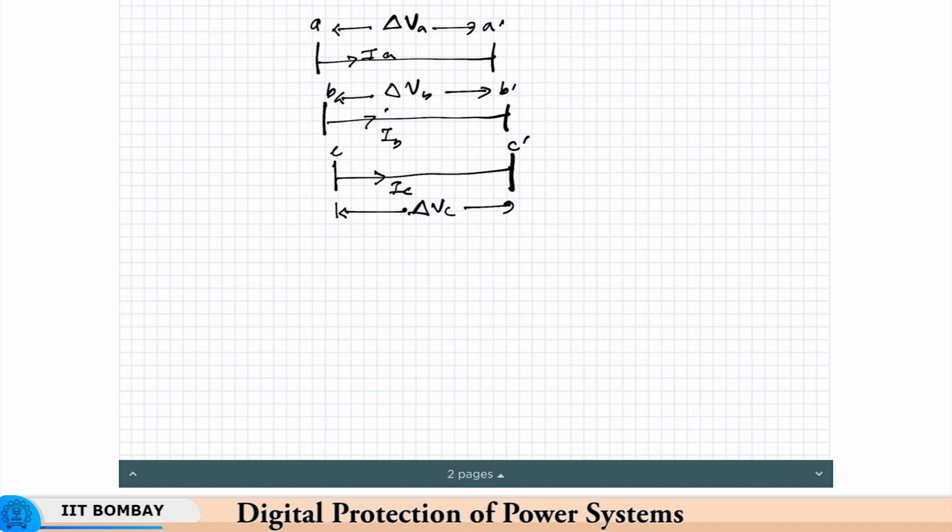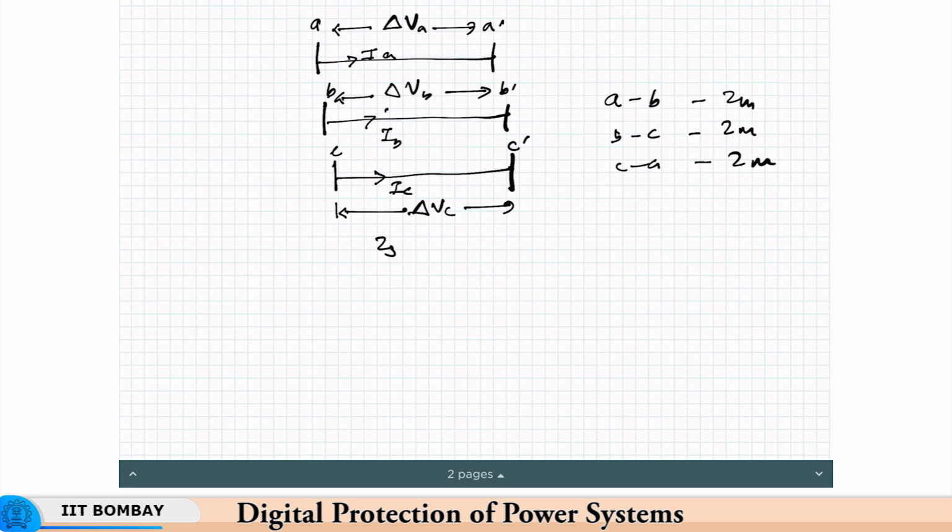Also, let the self impedance of each phase be ZS, and the mutual impedance between phases, between A and B, B and C and C and A, be ZM. What this implies is that the transmission line is transposed and the mutual impedances are the same between each phase.